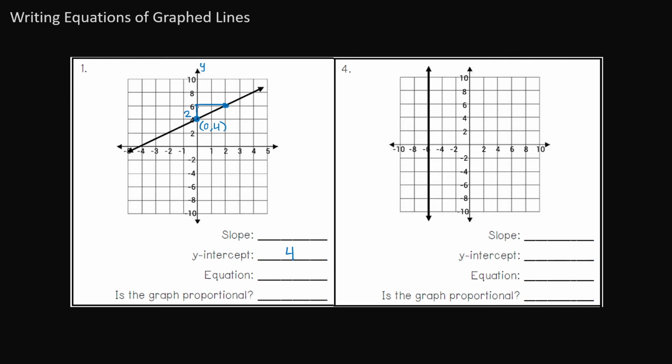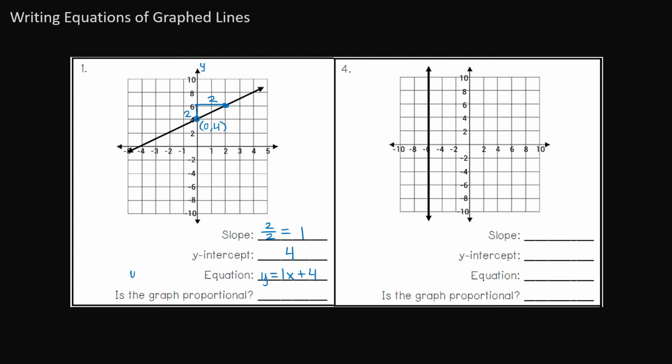The run is from 0 to 2. So my slope is 2 divided by 2, which is just 1. So I have a slope of 1, a y-intercept of 4, and my equation would be y equals x plus 4, or 1x plus 4. You don't have to write the 1 here.